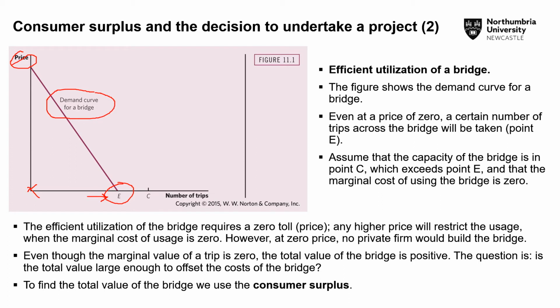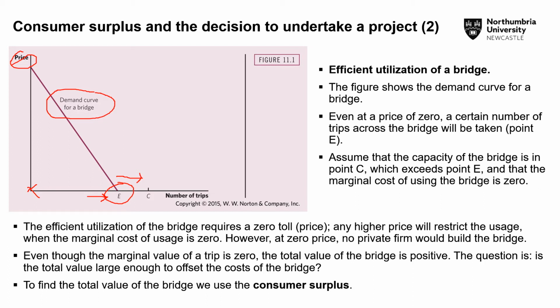Now, this is currently the amount of trips that are undertaken, but still more trips can be undertaken. The bridge has excess capacity. And the marginal cost of using the bridge, so each additional car that crosses it, is not associated with a cost; it is zero.